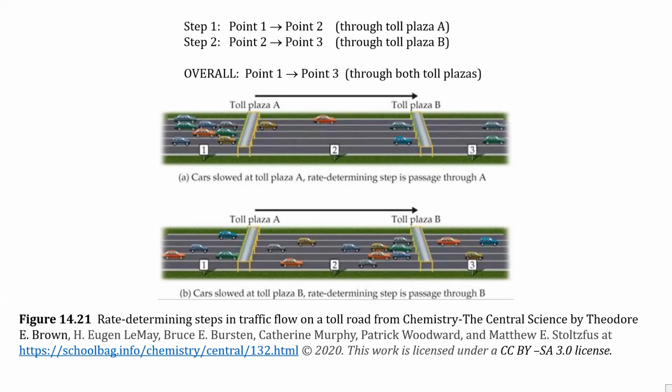Here, at point 1 to 2 for toll plaza A, traffic is slow here, indicating that from point 1 to point 2 is the rate determining step. In the second step, while toll plaza A is fast, toll plaza B from point 2 to point 3 is slow, and thus step 2 is the rate determining step.